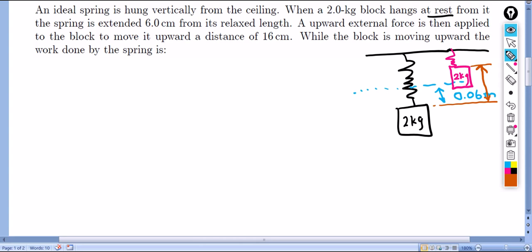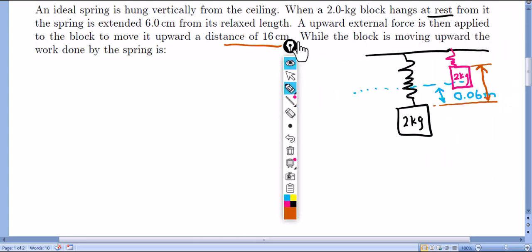Well, a distance of 16 centimeters, right? So that means it moves a total of 16 centimeters, or let's see, let's put this over here, 0.16 meters. However, the way that it works with springs, we're not interested in the total distance. We're actually interested in the displacement away from the equilibrium point, right?